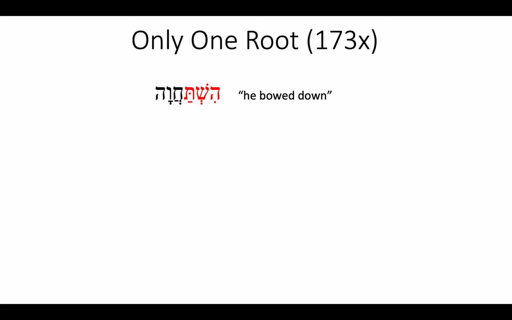So in this case, instead of having a vowel pattern marked by a he or a nun, or a he and a tav, and then the root, we get yet another thing. We get a he, a shin, and a tav that mark the pattern. Again, this has nothing to do with person, number, or gender. This is just showing you that it's a hishtafel verb.